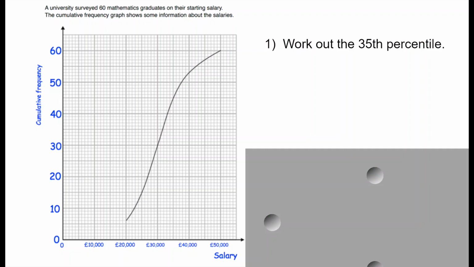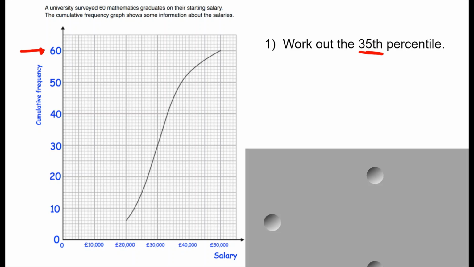So if we look at an example, we've got a university that surveyed 60 mathematics graduates on their starting salary. The cumulative frequency graph shows some of the information about the salaries. Now it's asking us to work out the 35th percentile, but unfortunately our value here is not 100, so we can't just go to the 35th value in.